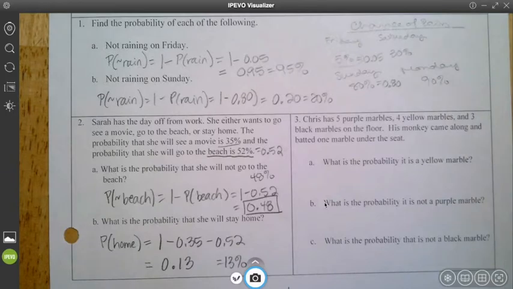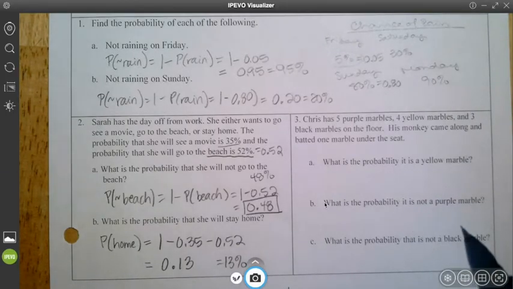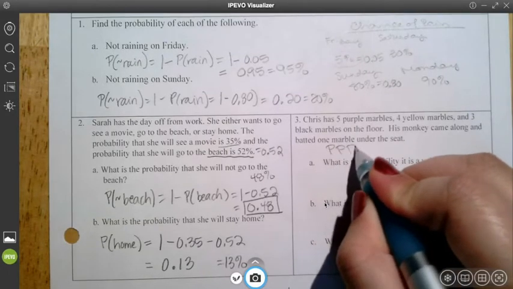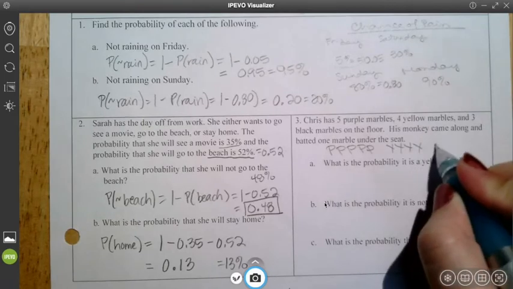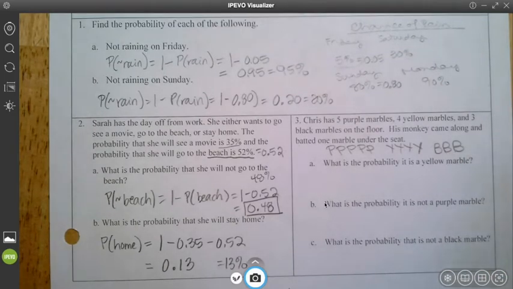All right, number 3. Chris has 5 purple marbles, 4 yellow marbles, and 3 black marbles. His monkey came along and batted 1 marble under the seat. Okay, similar to before, I'm going to represent each of the marbles with a letter. What is the probability that the monkey batted a yellow marble?